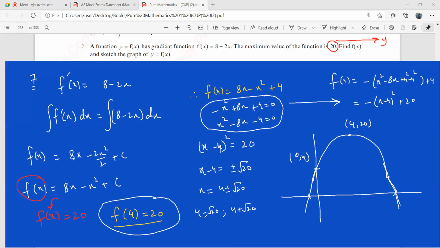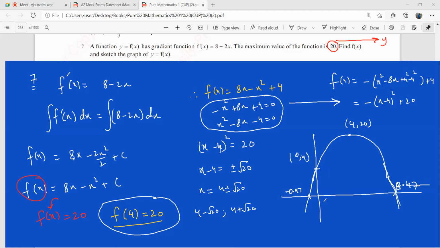Tell me, what is 4 minus root 20? So minus 0.47. It should be three significant figures, so minus 0.472. And what is 4 plus this? This will be 8.47. So this is the sketch of this curve here.